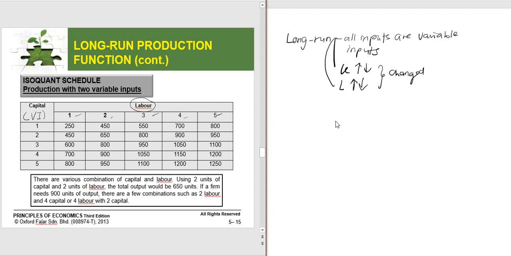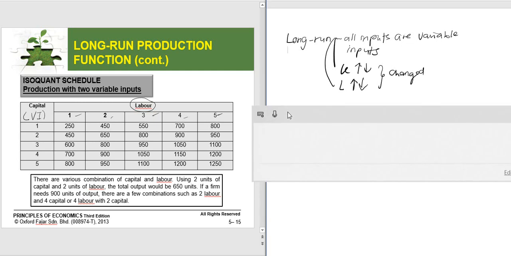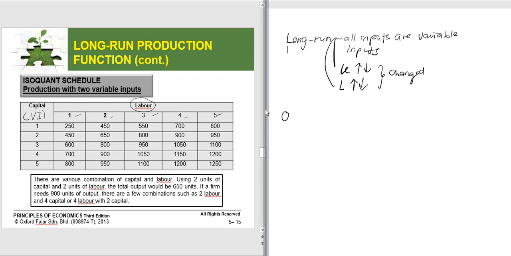For example, if you are a producer and you want to produce 450 units of product, and you want to know how much capital and how much labor you need, you just need to find the production of 450, which is here and here.